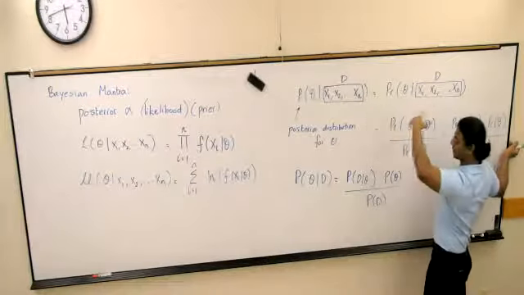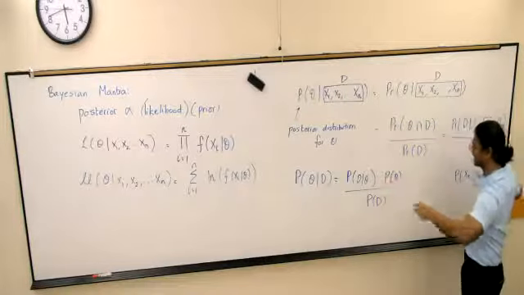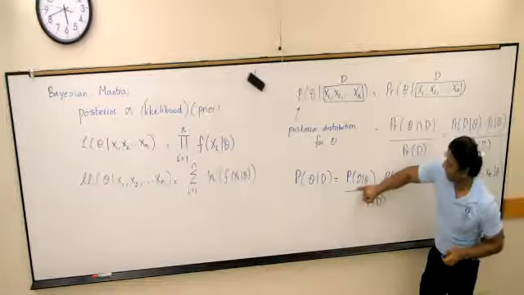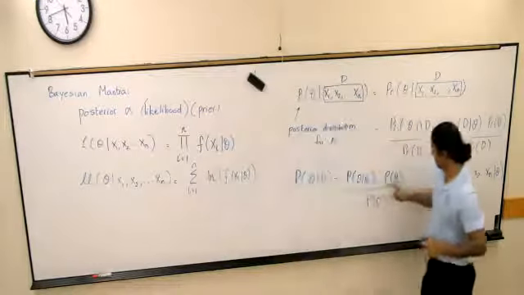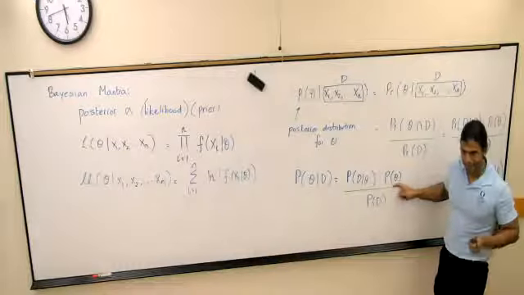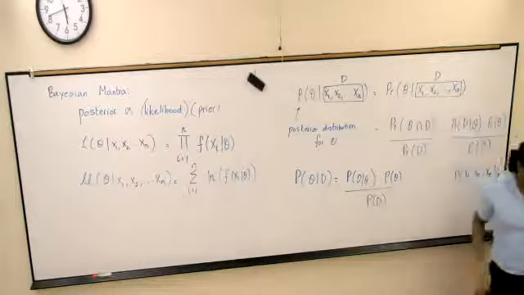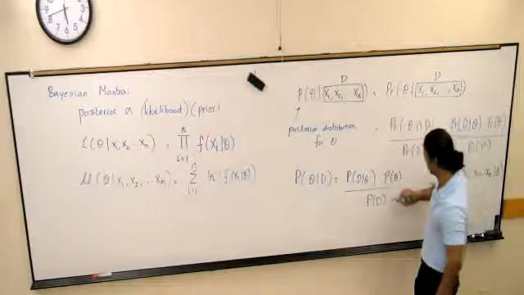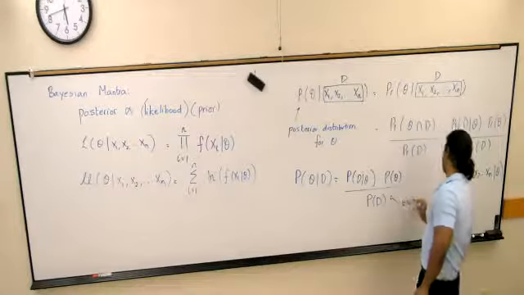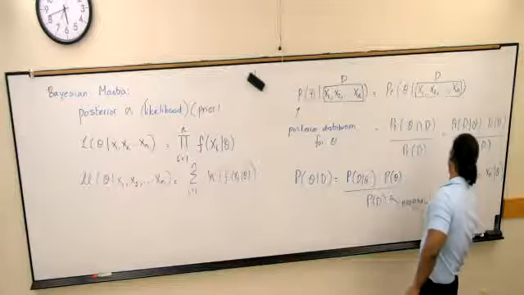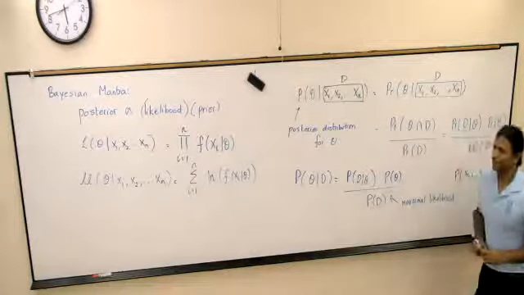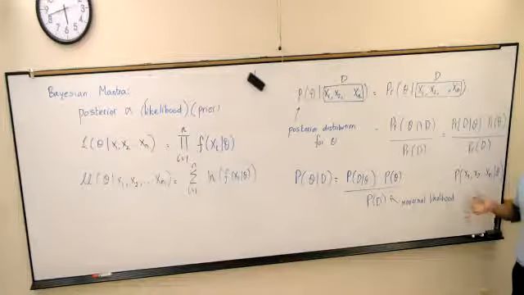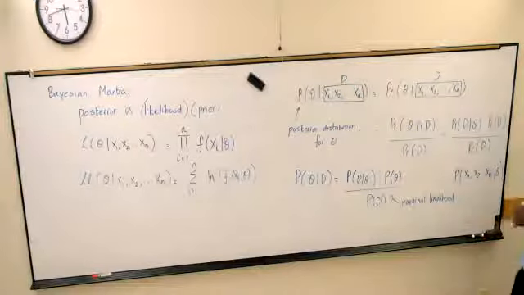But I'm taking x1, x2, x3 all the way up to xn. So this part simply would be the likelihood. That part is the prior. The denominator is what we call the marginal likelihood. But the marginal likelihood doesn't always play a significant role in determining the posterior.